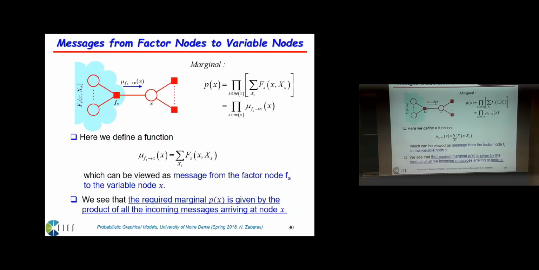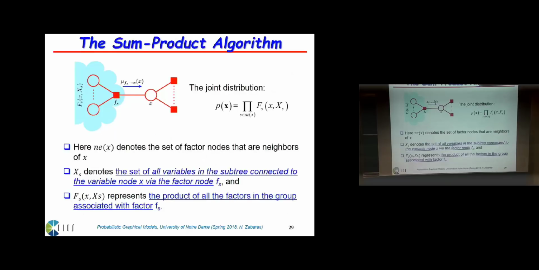Now remember, I'm interested in the marginal, that's why I isolated this little node x. So if you want the marginal, what do you need to do? This is your factorization, a nice way to factorize the joint distribution. If I only need the marginal at this node, what do I need to do?